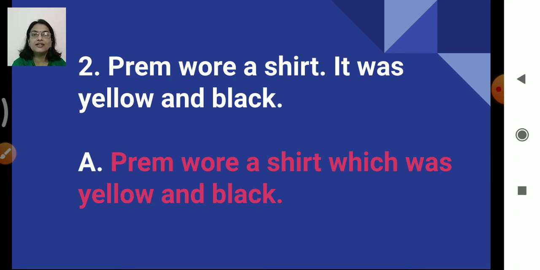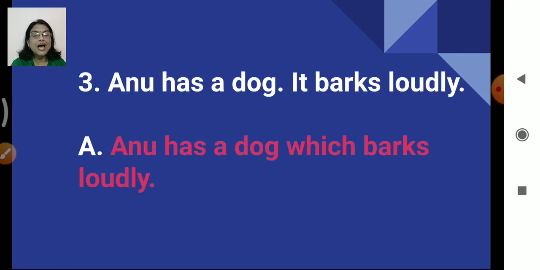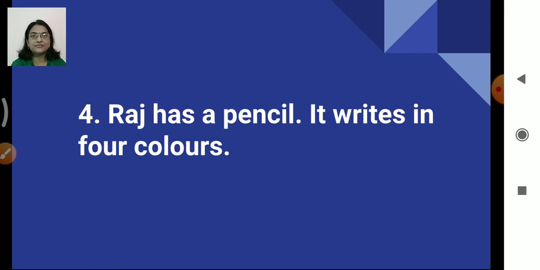So, we have joined the two sentences using which. Anu has a dog. It barks loudly. So, two sentences to join by using which. Anu has a dog which barks loudly, right?